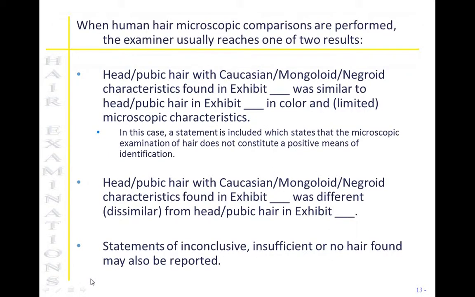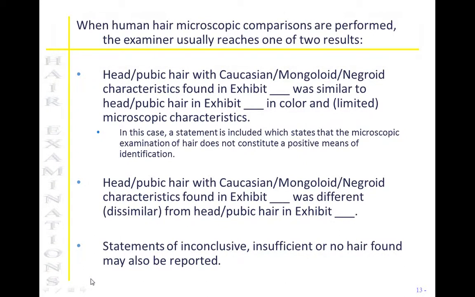When microscopic hair examinations are performed, the analyst usually reaches one of two results: either that the head or pubic hairs had characteristics different than the known samples, or that they were similar to the known samples.